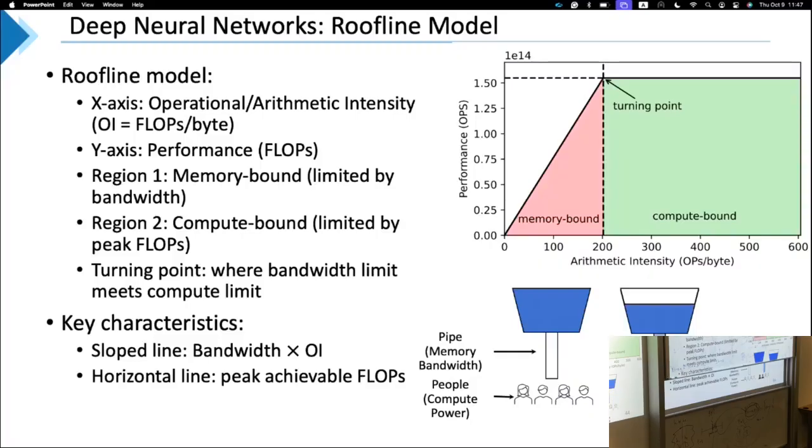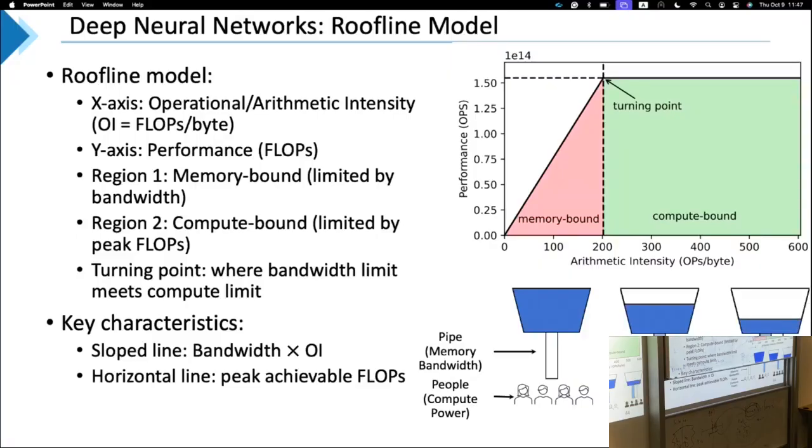Let's say you have 4 people here, so only 2 people can drink water. And you can assume these people are the compute resources you have. So this is memory bound, which means more people are waiting for water to come in from the water tank. And what is compute bound?